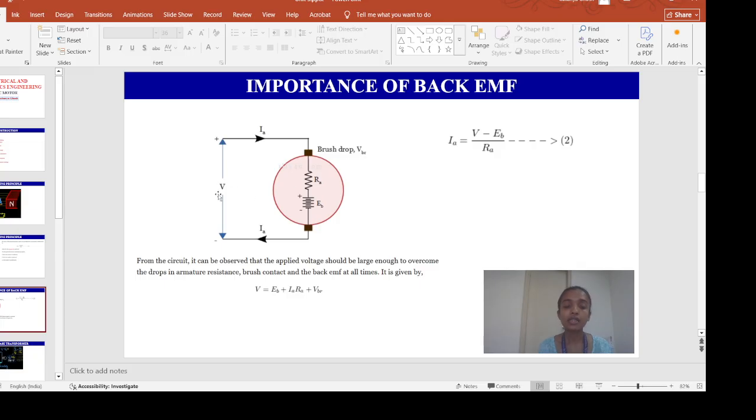So this total supply voltage should be larger than the drop across the armature resistance, the back EMF, and the brush. We can write the total voltage V equals EB plus IA RA plus VBR. Now this brush drop is very small, so we can neglect it. From here we can write IA equals (V minus EB) by RA.